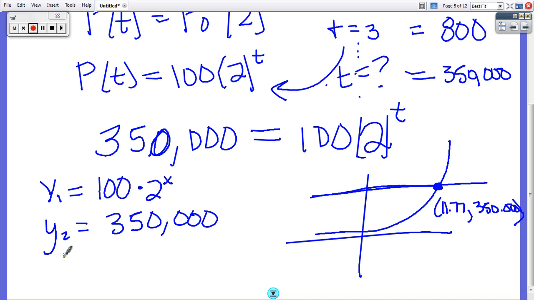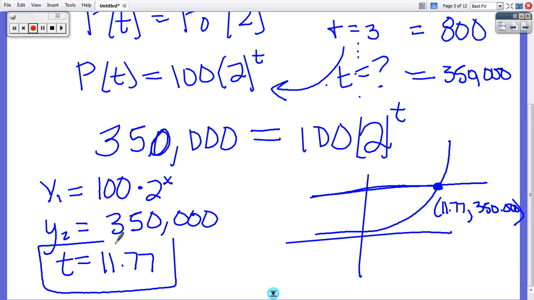So that means that t equals 11.77 is approximately when our bacteria will reach 350,000. So that's approximately 11 hours and 46 minutes.